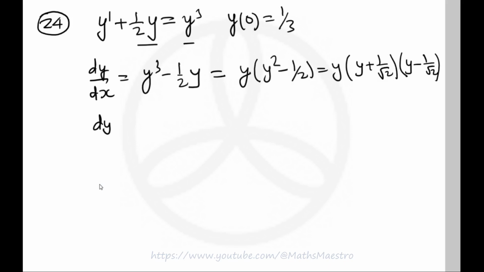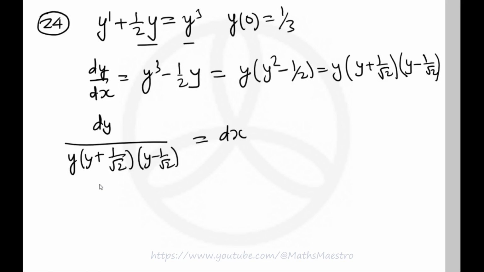I will write dy and then bring this into the denominator, and then dx will come this side and become dx here. Now just one more step is required in order to solve this, and the step is you have to do a partial fraction decomposition in order to separate these two.